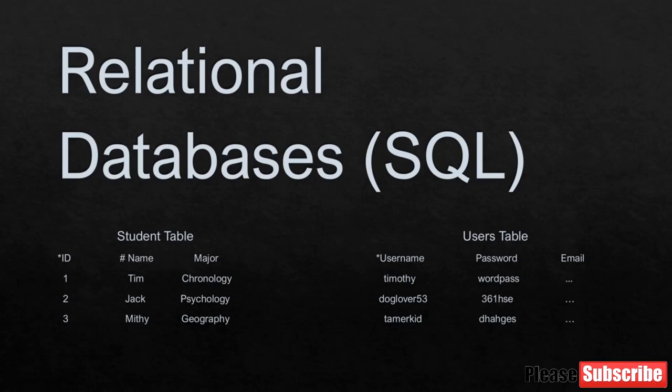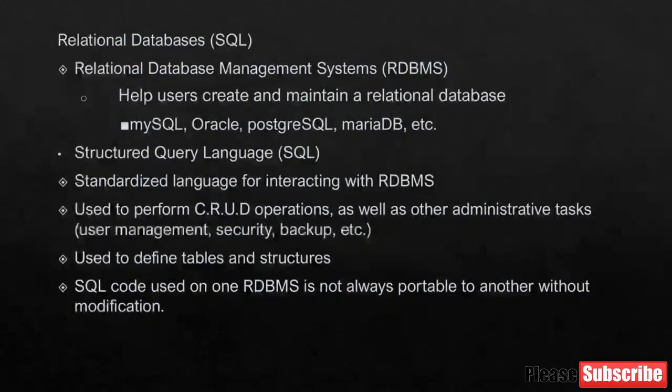Let's say 1, then we have Tim. His major is chronology. Then username Timothy, password is WordPass, and email, which I didn't give. So this is the kind of table you can use in relational databases, and this is an example.